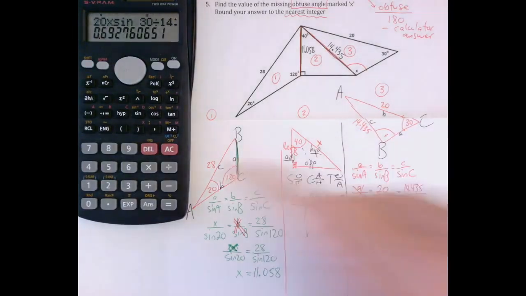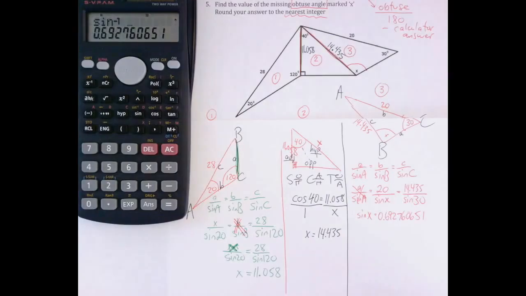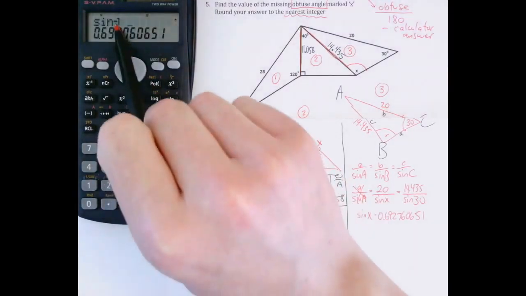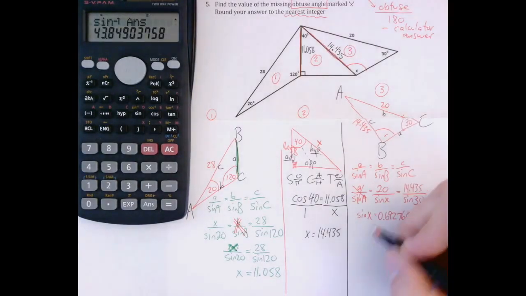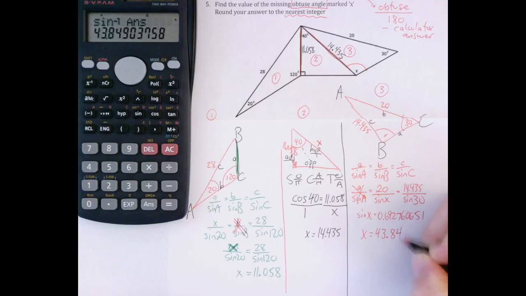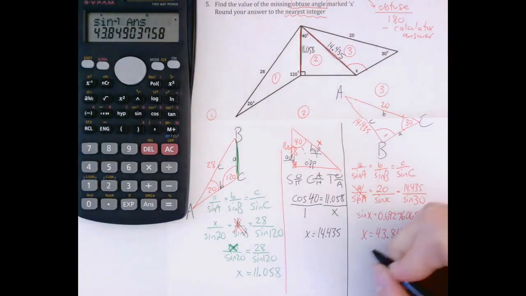0.692760651. To get rid of the sin in front of that, because remember that's sin x, I have to do the sin minus 1 on the calculator and press equals. I get 43.849. X is 43.849. But because I'm looking for an obtuse angle, I have to do 180. So remember, I'm looking for obtuse.